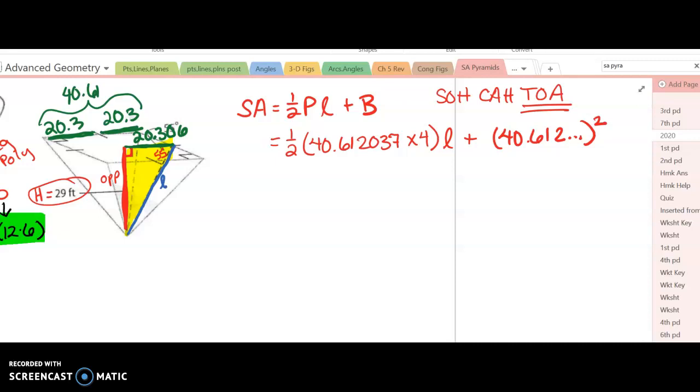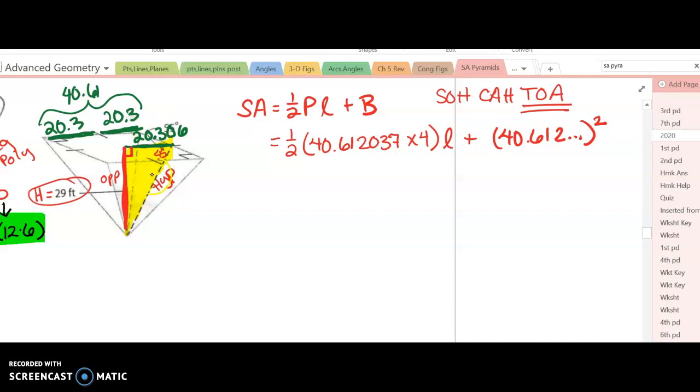Okay, so we're on the right track. We have one last piece to do. We need to find the blue slant height. So a couple of options now. I could use the Pythagorean theorem, or I can use SOHCAHTOA again, sine, cosine, or tan. I think I'm going to opt to use sine, cosine, or tan.